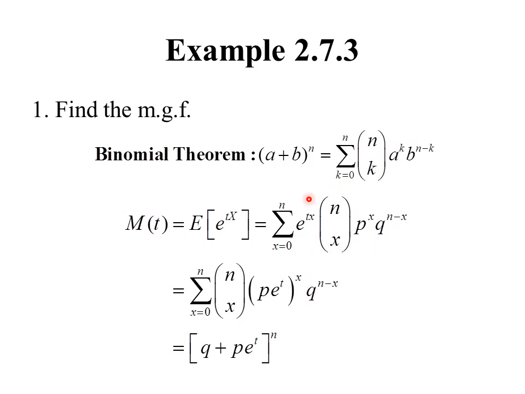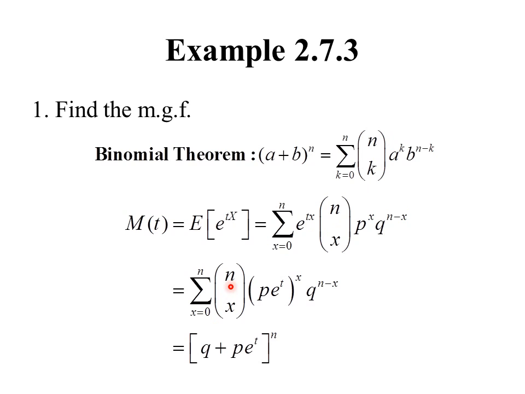And so now we're going to take this expression right here and just rearrange terms. Notice that we put the p and the e to the t together and put that to the power of x. Okay. So now we want to compare this expression here to this expression here. Notice that in the summation we have x goes from 0 to n, whereas k goes from 0 to n. So x and k are basically the same.